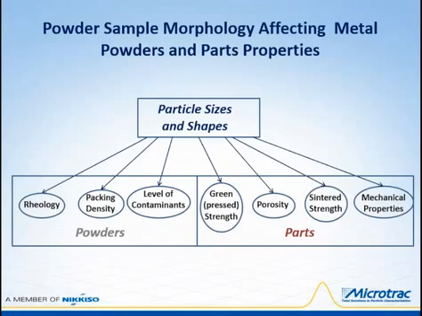A higher green or pressed strength results in a higher final sintered strength. For porosity, the higher porosity results in weaker green or sintered parts. Sintered strength should be as high as possible, and all mechanical properties of the final powder are affected by powder morphology.